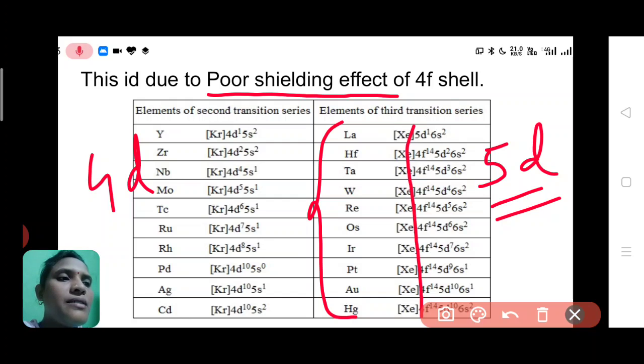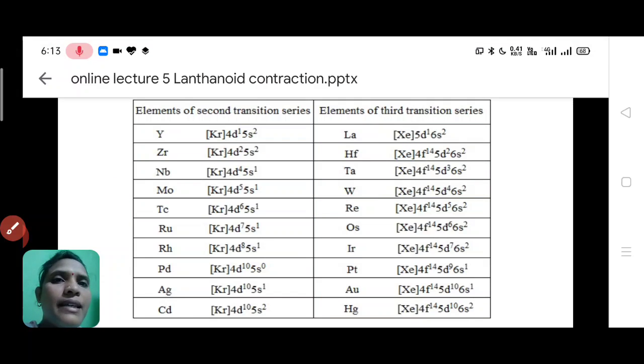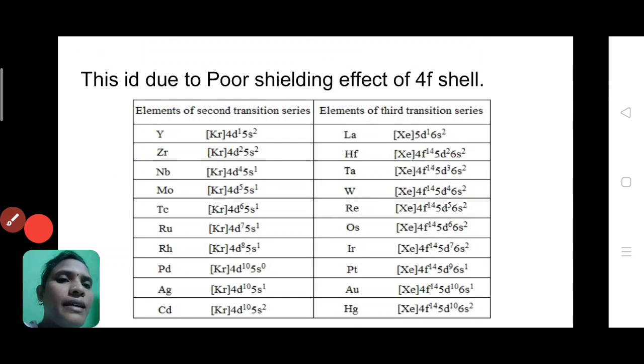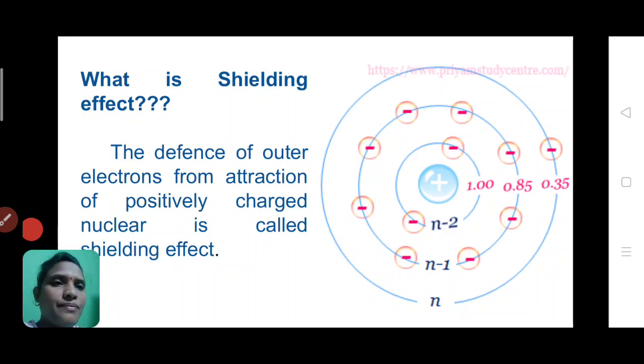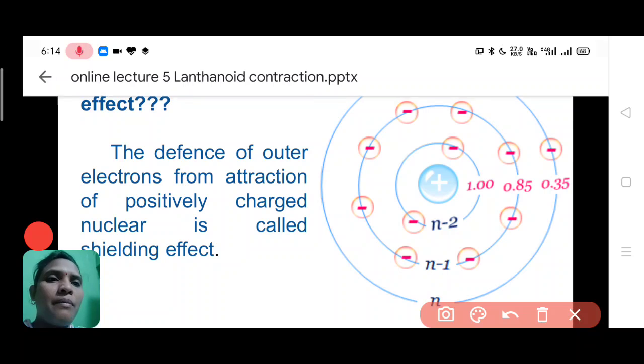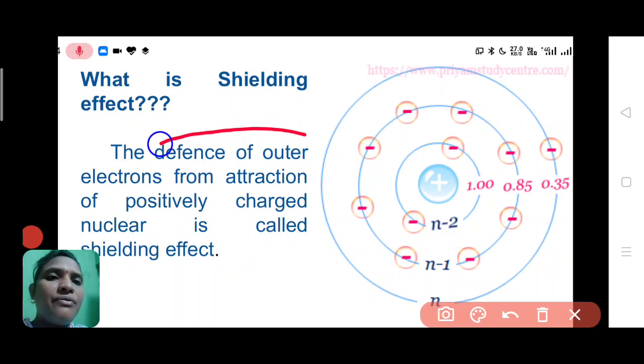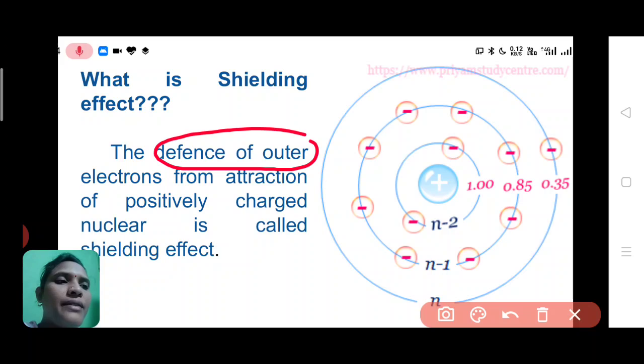Now what is shielding effect? We will see what is shielding effect. See, shielding effect is nothing but a defense of outer electrons. Defense, you know what is defense? Defense means rakshan in Marathi.